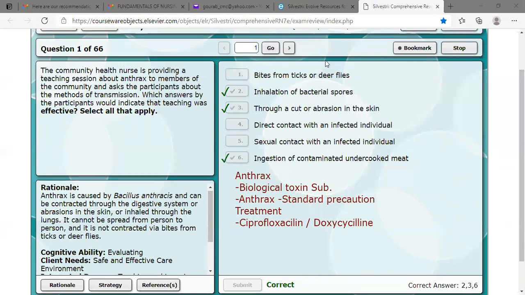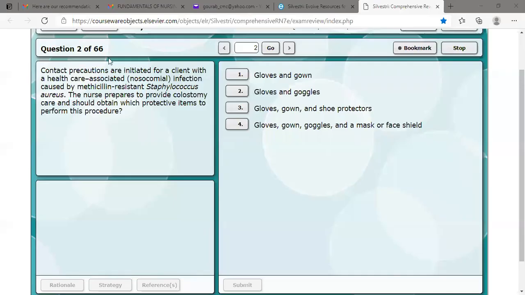Here, what next? Question here: the contact precautions. Examine the keyword, which makes our question easy.